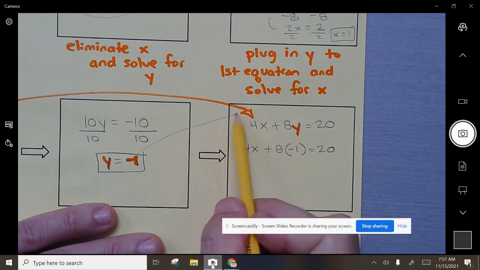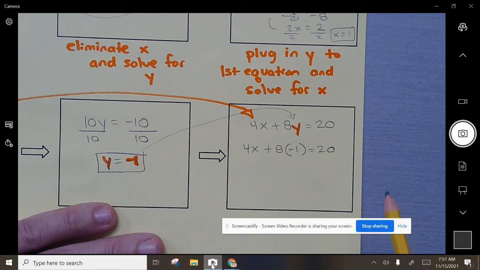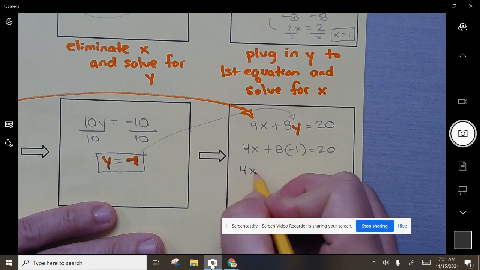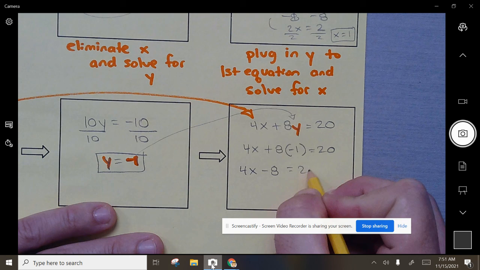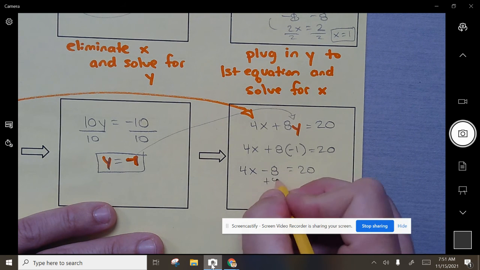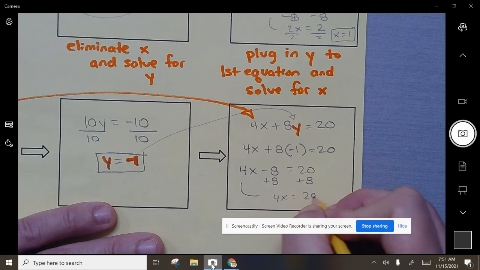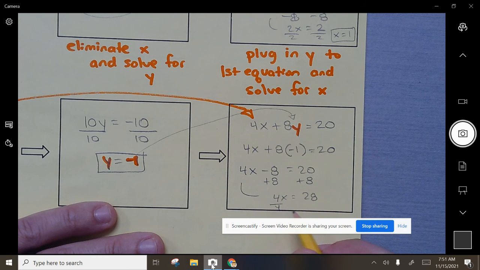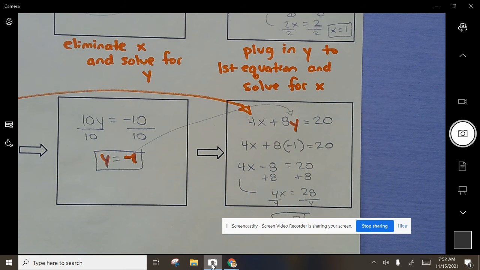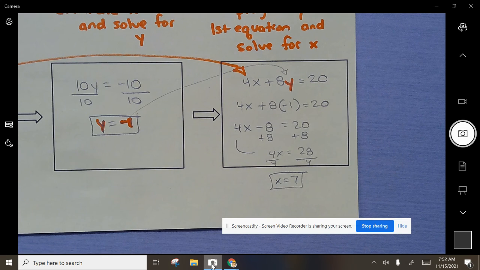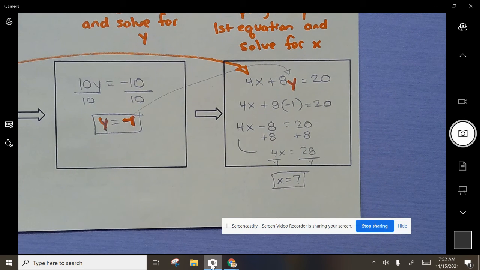I plug this in right there, okay? So now I have 4x minus 8 equals 20. Add 8 to both sides. 4x equals 28. Divide by 4. X equals 7. So 7 and -1 are your answers.